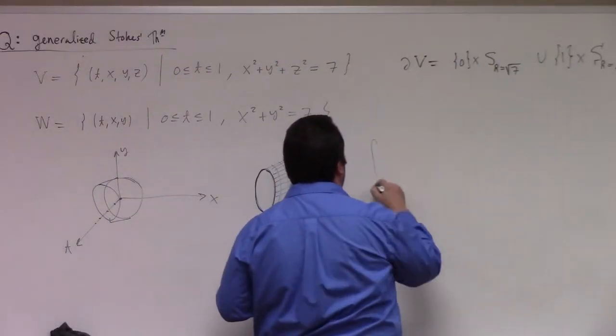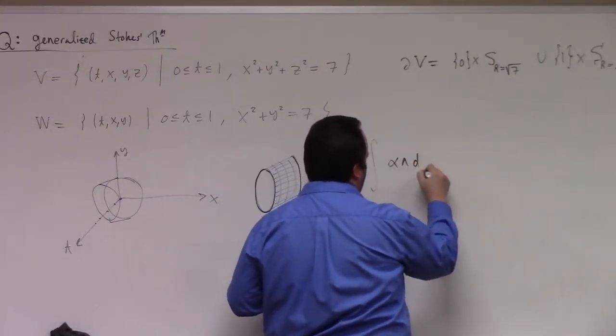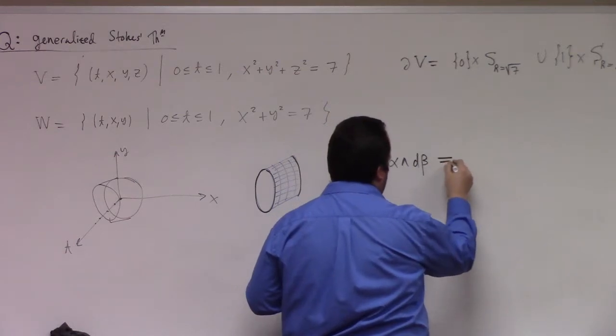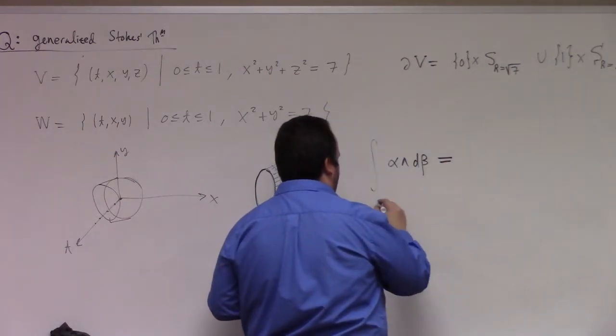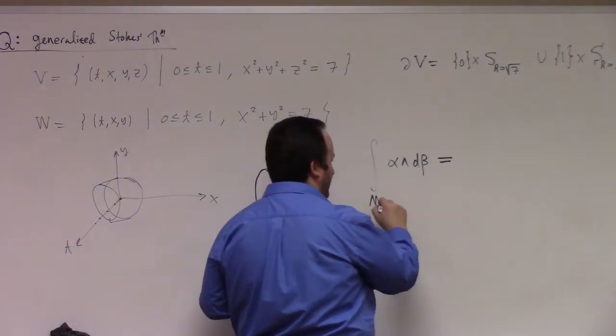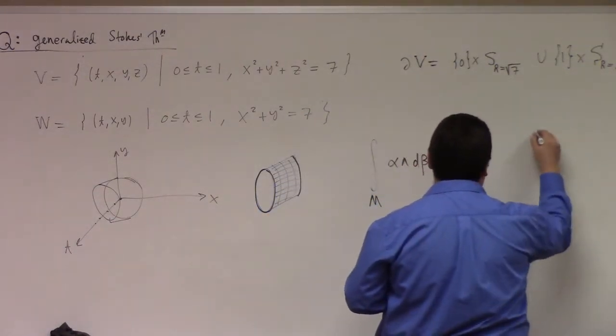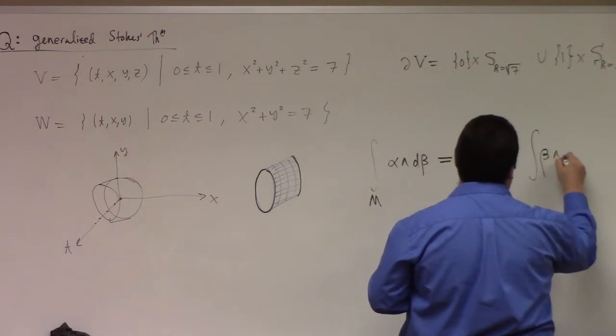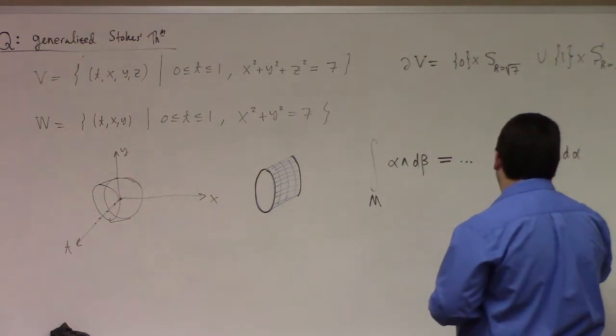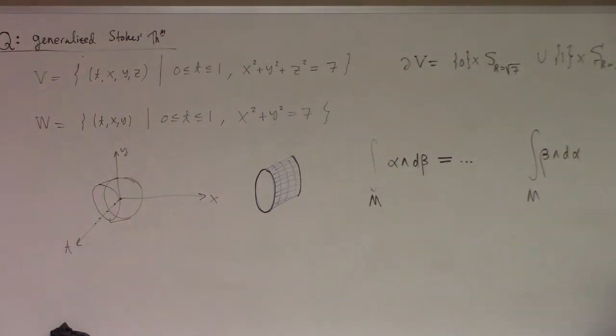You know what I'm saying? Like, suppose you wanted to integrate alpha wedge d beta over M. How would that be related to the integral of beta wedge d alpha over M? How are those related? Generalized Stokes theorem allows you to relate them.